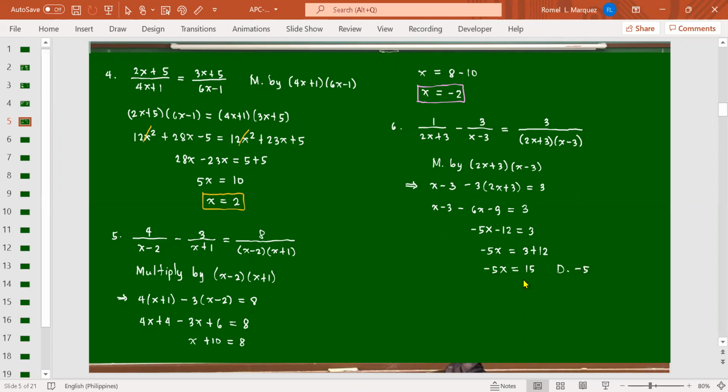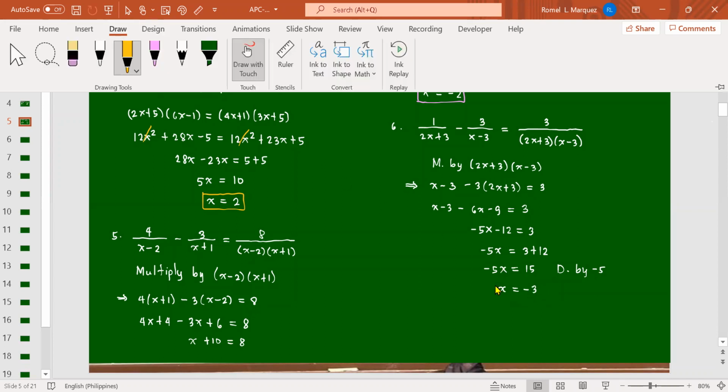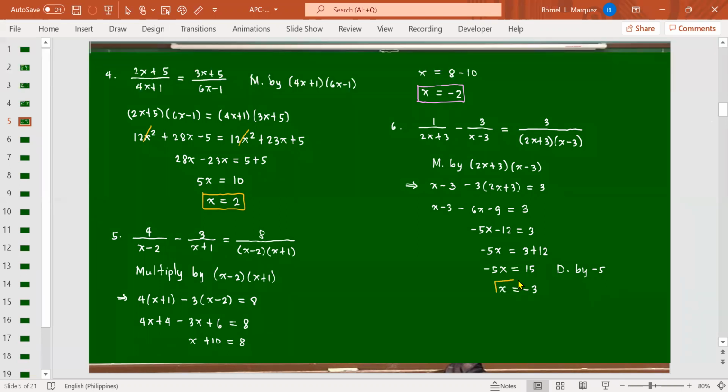Divide by negative 5 each side, we get what? We get x on the left side and on the right side negative 3. Okay? So we did not get any of the restrictions now. We do not want x equals 3 or x equals negative 3 halves. So we accept this value.